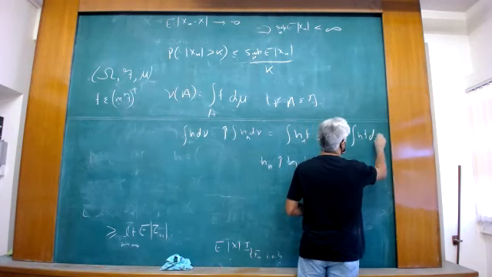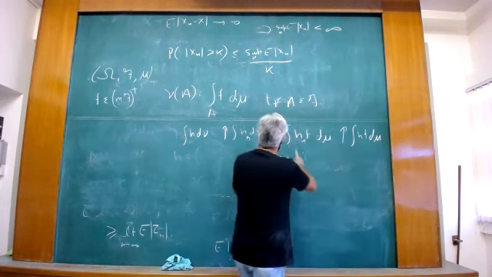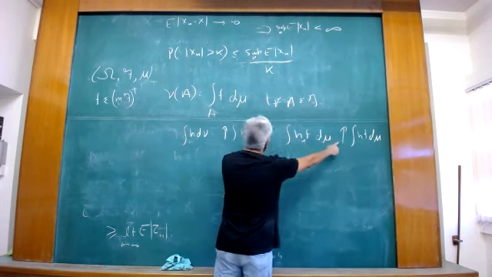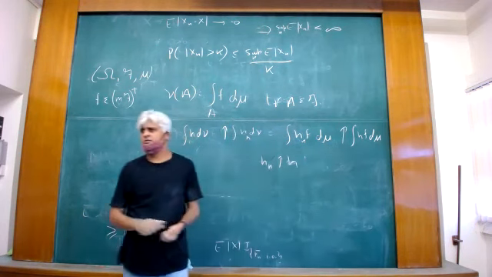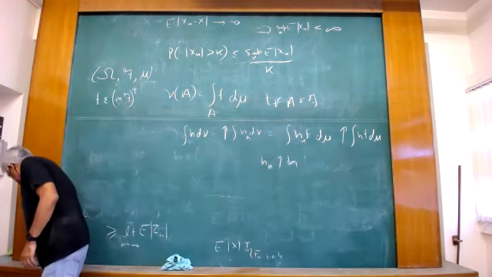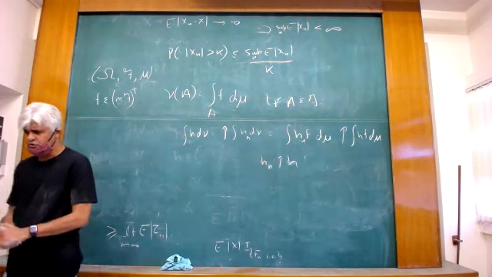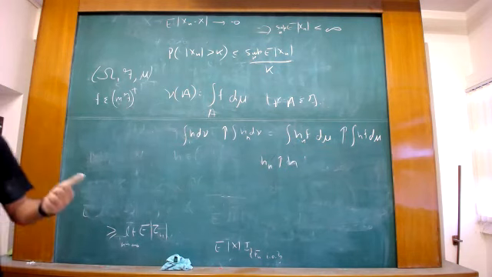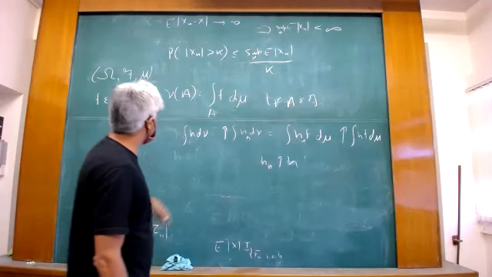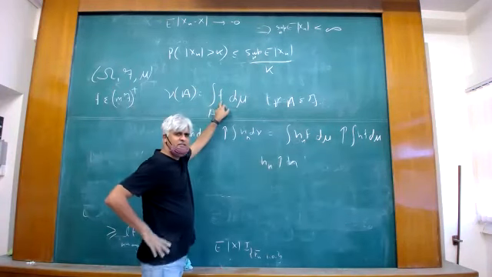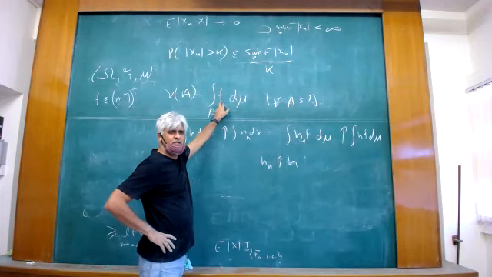This increases to this, and that increases to that, so the two have to be equal. Okay, so good. I'll just mention that f is called the density function of ν with respect to μ.